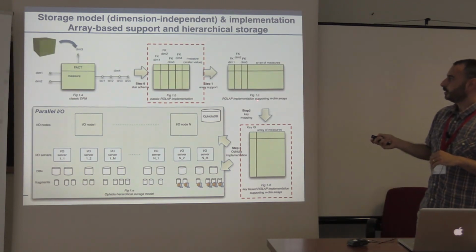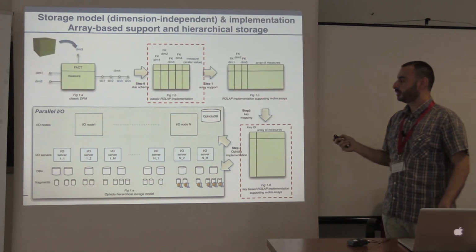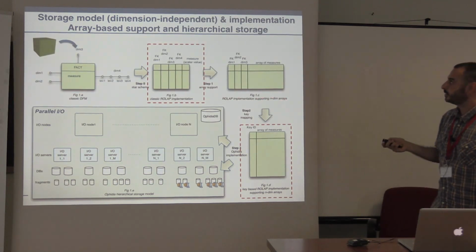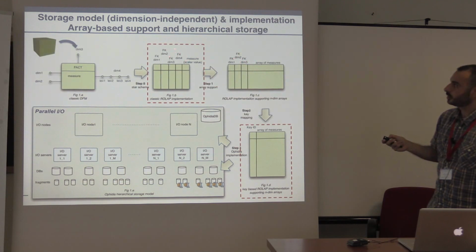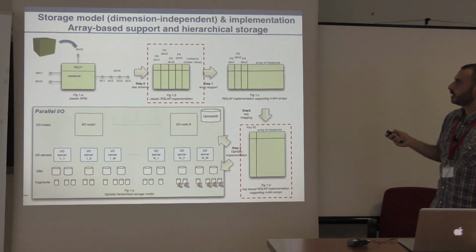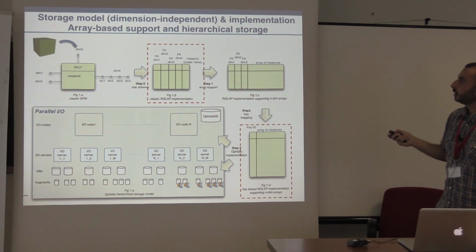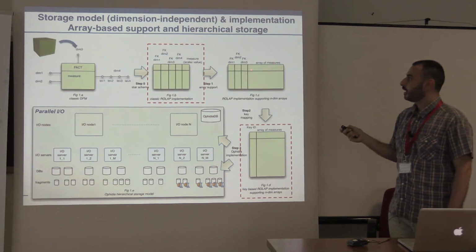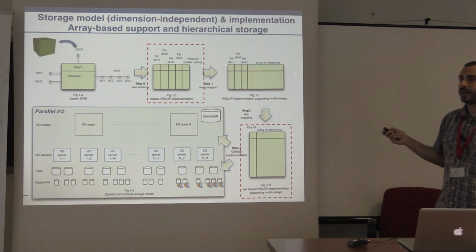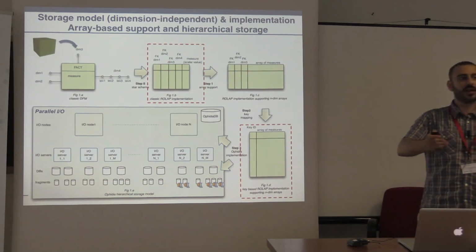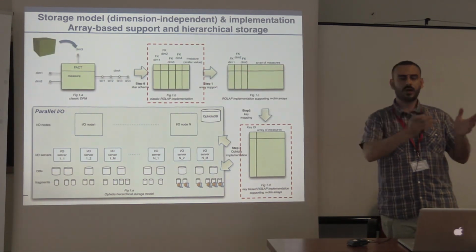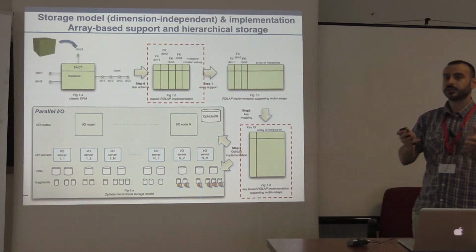The first step is the representation supporting n-dimensional arrays. We collapse one of these dimensions inside the measure column. This way, we have an array of measures, for example, an array of temperature, one value for each time step.